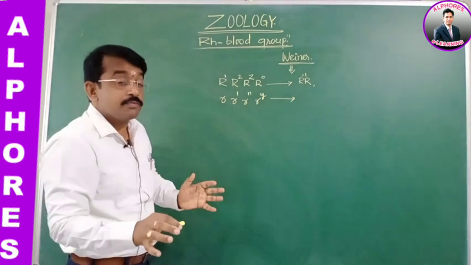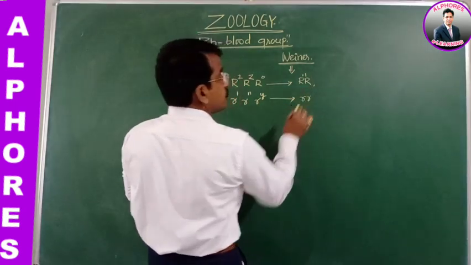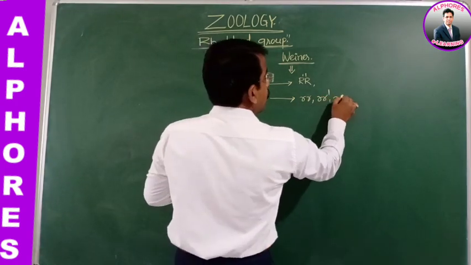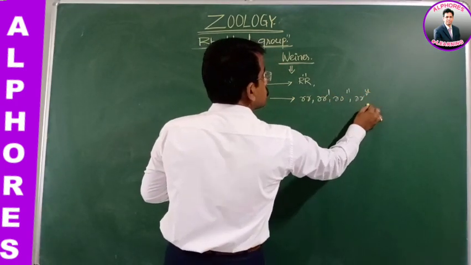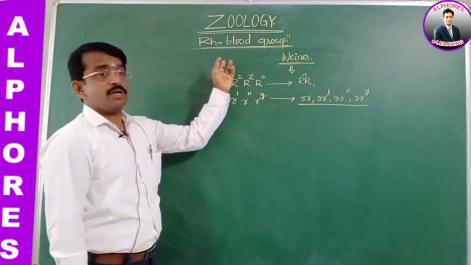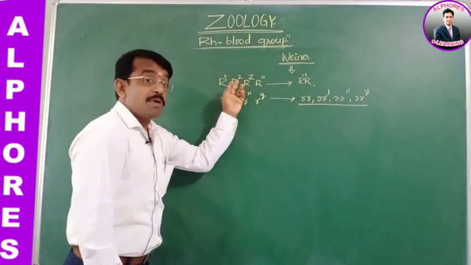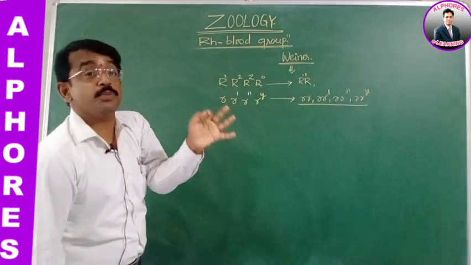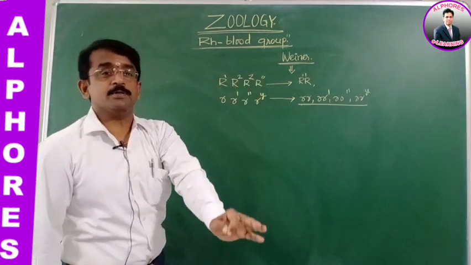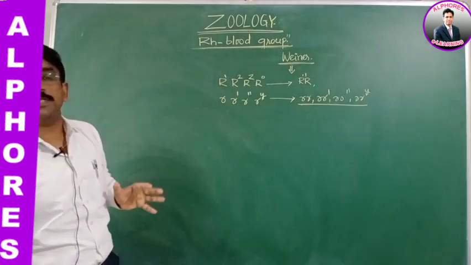In the same manner, R1, R2, ry, so double recessive is Rh negative. Here R1 is Rh positive, R1 R2, but capital R is Rh positive itself. Capital R1, capital RZ, Rh positive. Capital R1, capital R0, Rh positive itself.